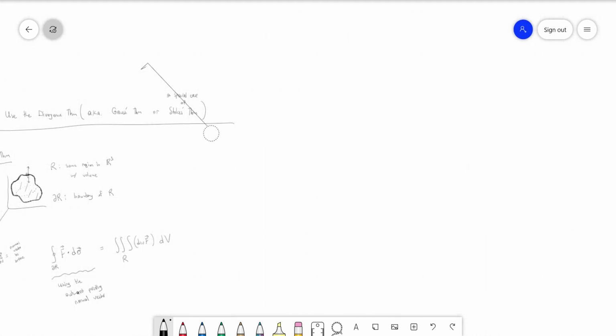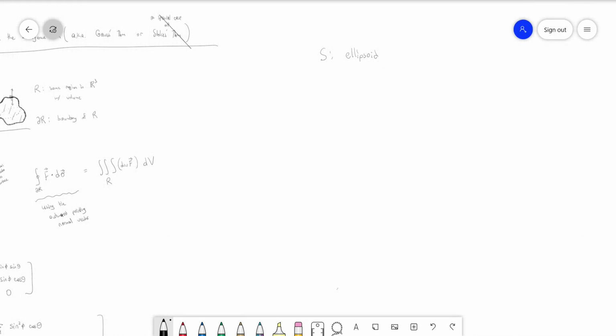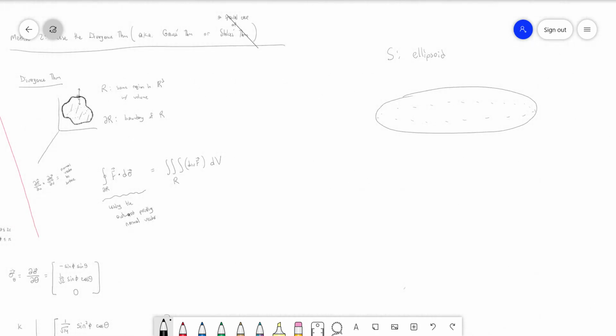Okay. All right, so for this problem, we had the ellipsoid S. And here I'm just going to draw a generic picture of an ellipsoid. So the ellipsoid S does happen to enclose some volume.